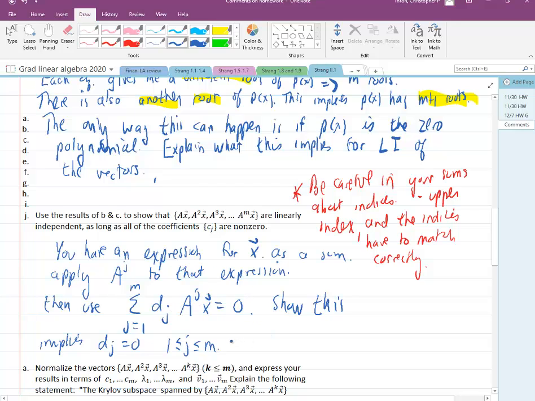And that implies that these vectors are linearly independent, just like we showed in the previous problem. If we have a linear combination, and the only linear combination that gives you 0 is the trivial linear combination, that means that those vectors must be linearly independent.